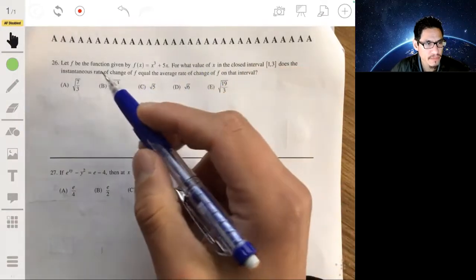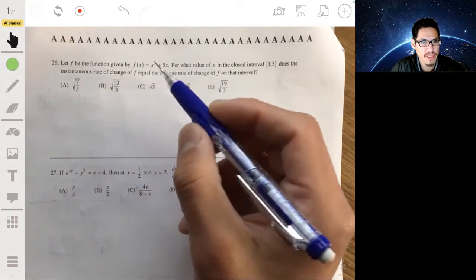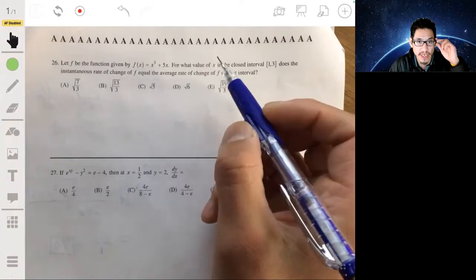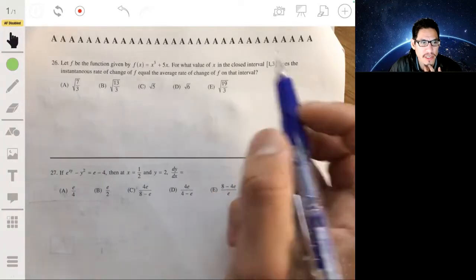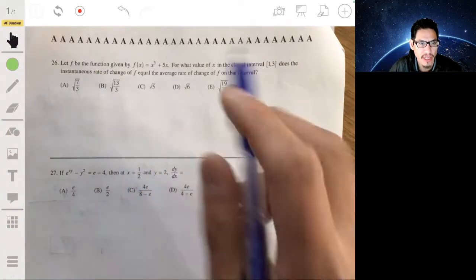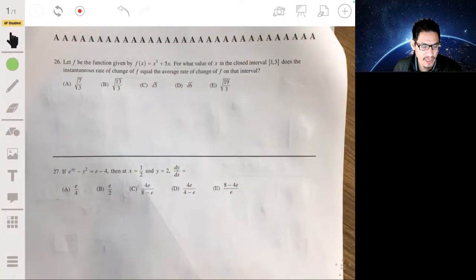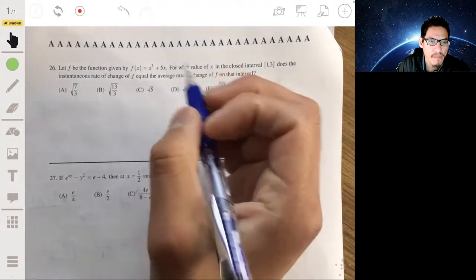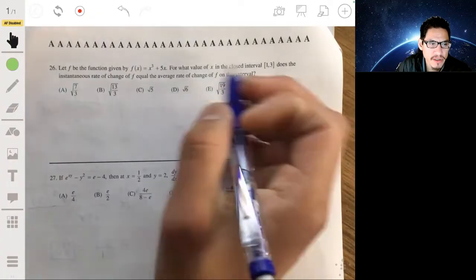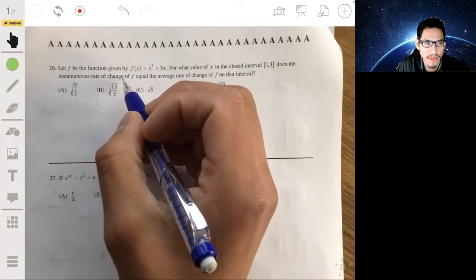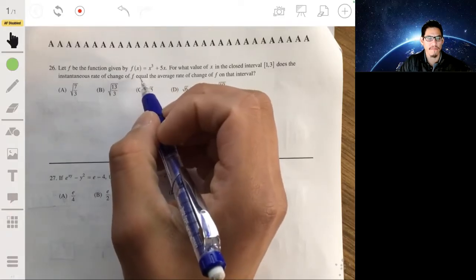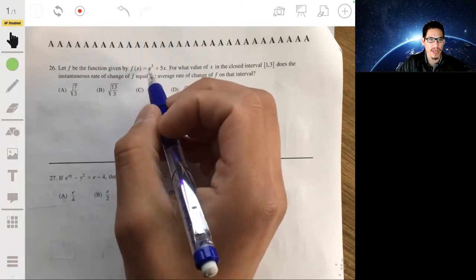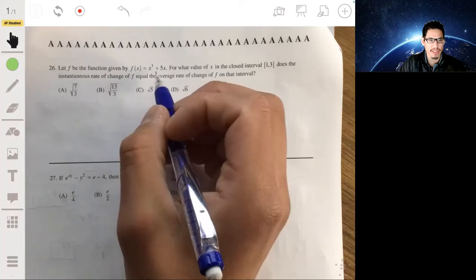26. Let f be the function given by f of x equals x cubed plus 5x. For what value of x in the closed interval 1 to 3 does the instantaneous rate of change of f equal the average rate of change of f in that interval? Okay, so it may sound complicated, but it's actually not. All you're basically doing is finding the derivative and setting it equal to f of b minus f of a over b minus a.